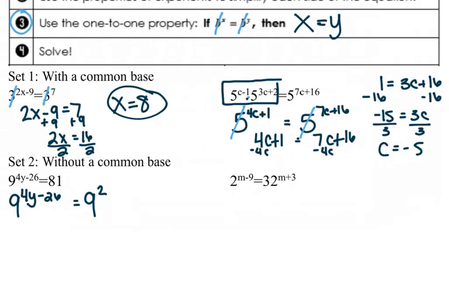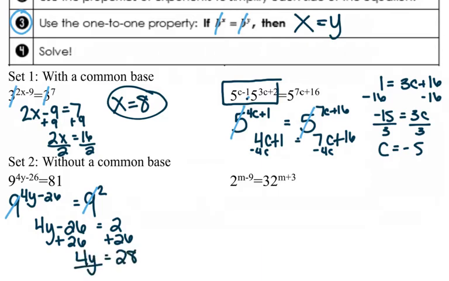So now that I have rewritten this, I can use the one-to-one property because the bases are the same. I can cancel them out, and now I can set the two exponents equal to each other and then solve. I can get rid of subtracting 26 by adding. So 4y equals 28, and I can get rid of 4 by dividing. So y equals 7.